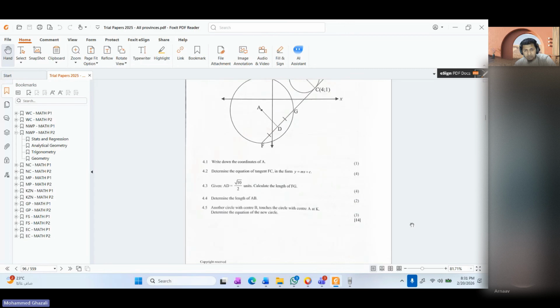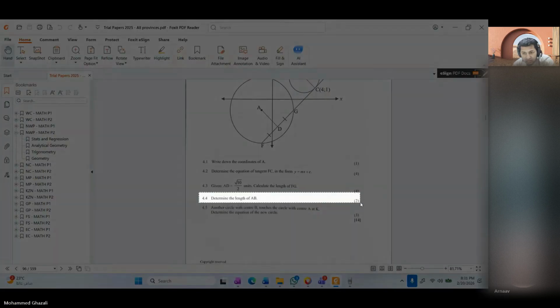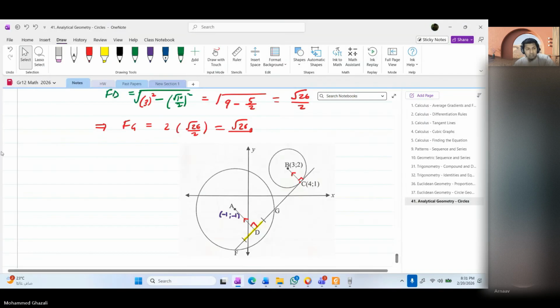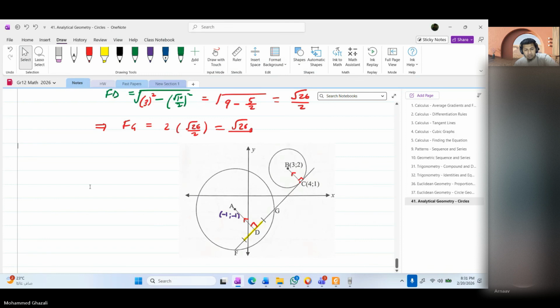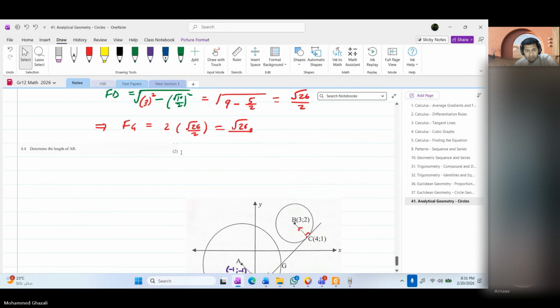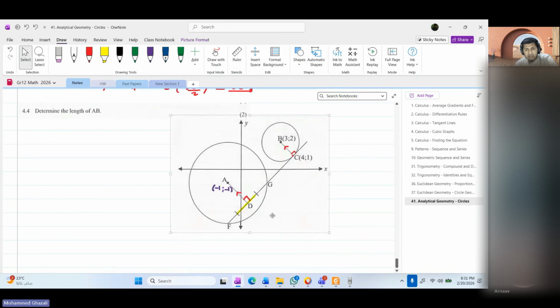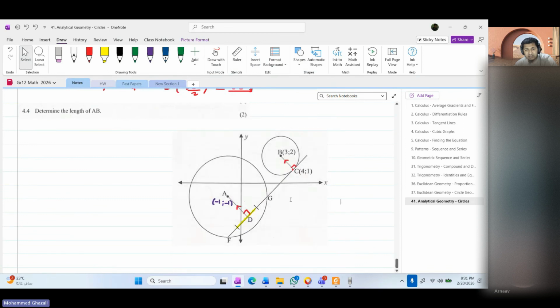Next question. Determine the length of AB. Why did they ask for AB? It's just the distance between the two centers, isn't it?